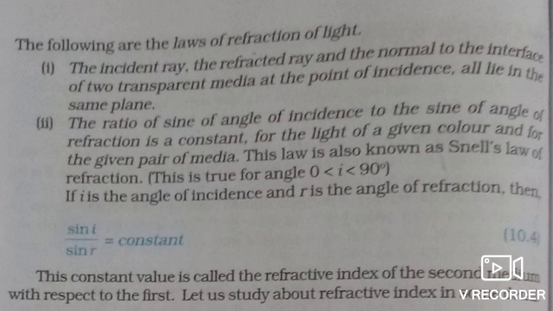Second, the ratio of sine of angle of incidence to the sine of angle of refraction is a constant for light of a given color and for a given pair of media. This is also known as Snell's law of refraction: sin i by sin r is equal to a constant. If they ask for 1 mark, you can write the incident ray, the refracted ray, and the normal to the interface of two transparent media at the point of incidence all lie in the same plane.